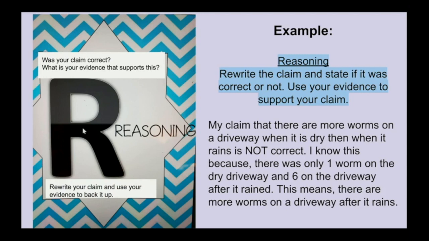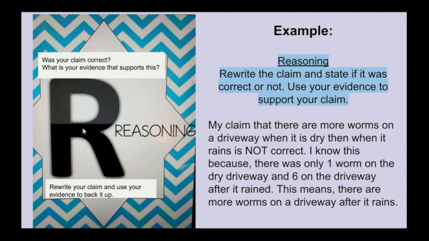So here's an example. My claim that there are more worms on a driveway when it is dry than when it rains is not correct. I know this because there was only 1 worm on the dry driveway and 6 on the driveway after it rained. This means there are more worms on a driveway after it rains.